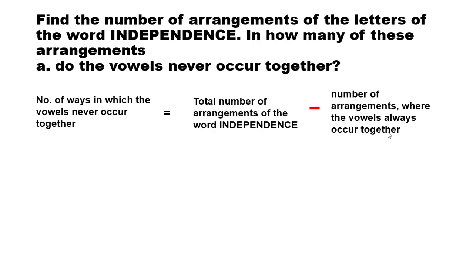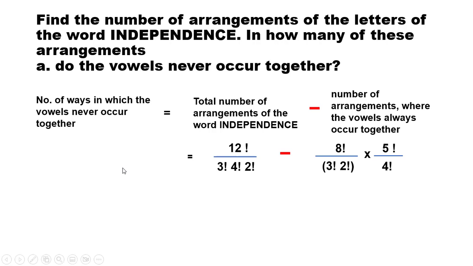So we can use the same one here and then substitute the values, and we can find out the number of ways in which vowels will never occur together. So we are taking the values from previously what we have done in the previous slides, and that comes to 220,800.